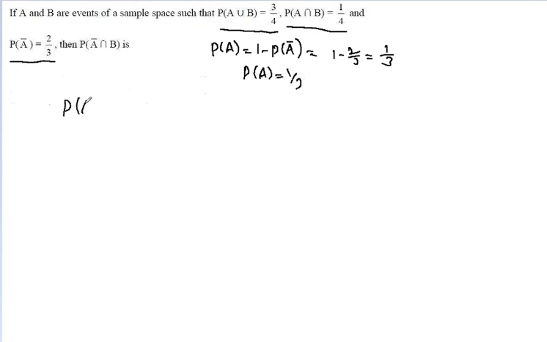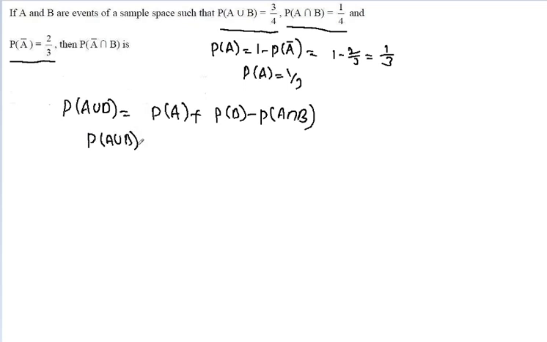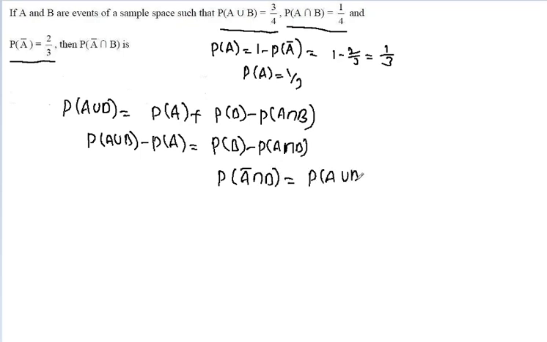We know that P of A union B is equal to P of A plus P of B minus P of A intersection B, that is P of A union B minus P of A is equal to P of B minus P of A intersection B. This is P of A bar intersection B, that is equal to P of A union B minus P of A. So P of A union B value is 3 by 4 minus P of A is 1 by 3, that is 12 LCM, 9 minus 4, that is equal to 5 by 12.